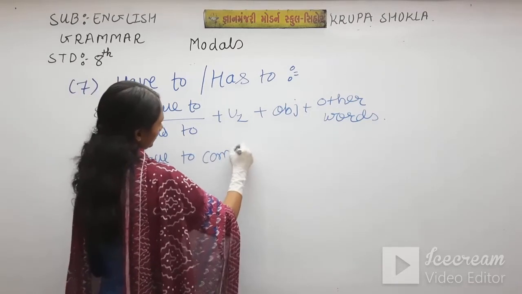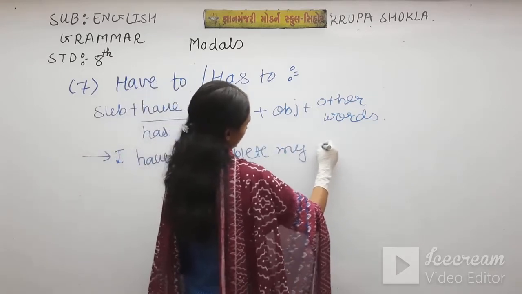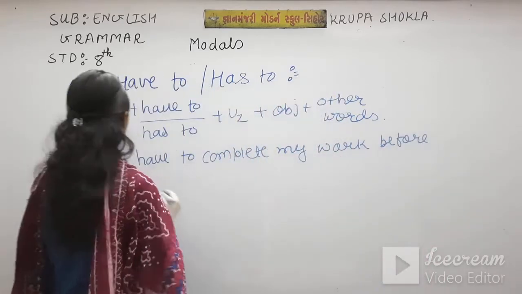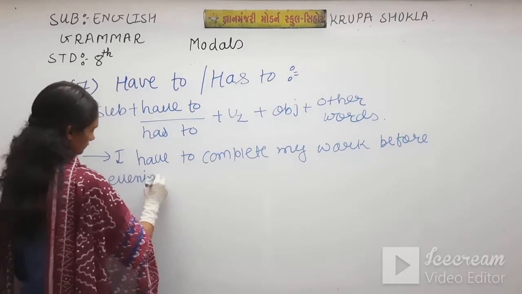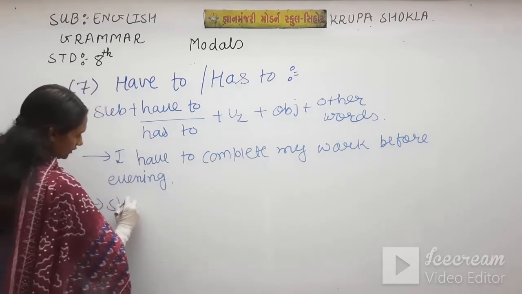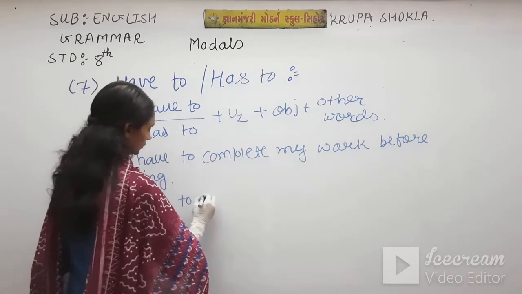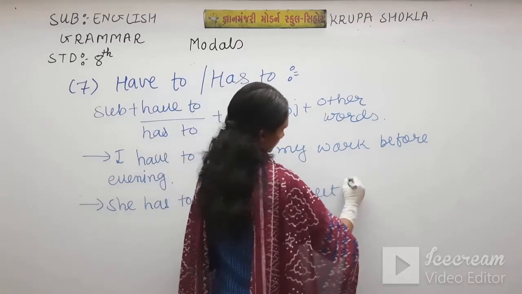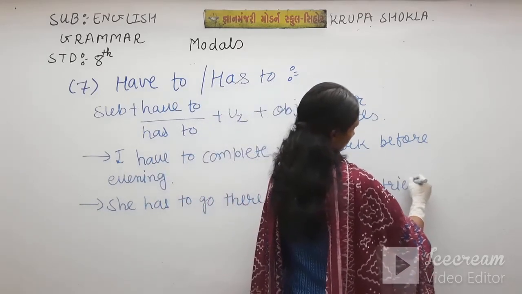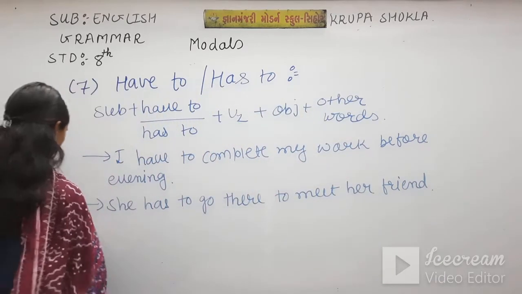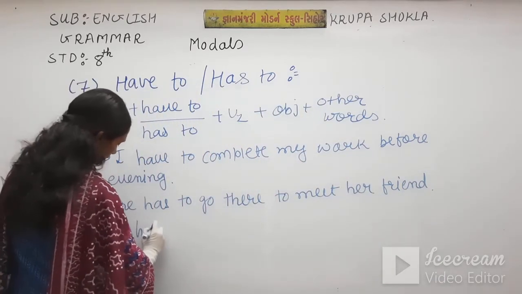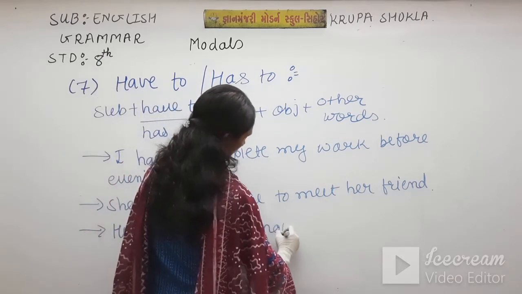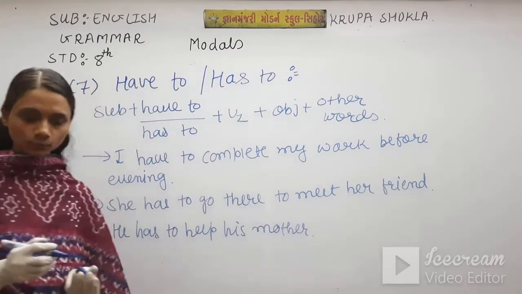I have to complete my work before evening. She has to go there to meet her friend. And thirdly, he has to help his mother. So these are three examples of have to.